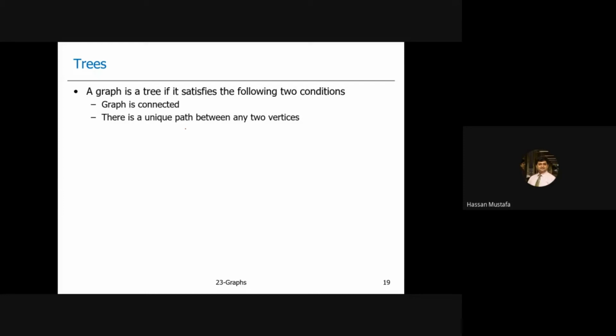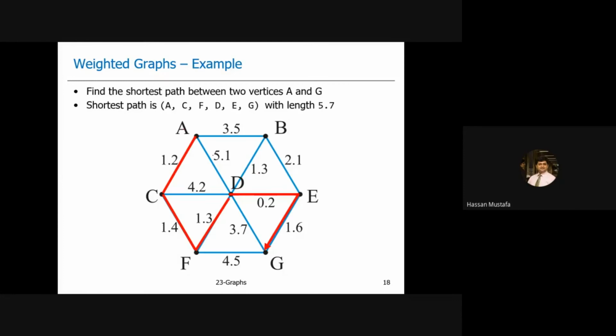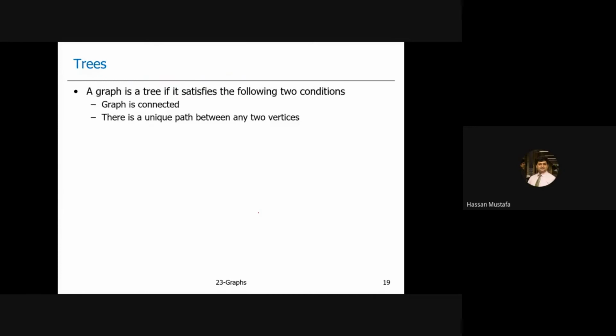There should not be multiple paths like we saw in the previous example, where we have multiple paths from A to G. If we have only one unique path from each node to every other node, then this graph is called a tree.